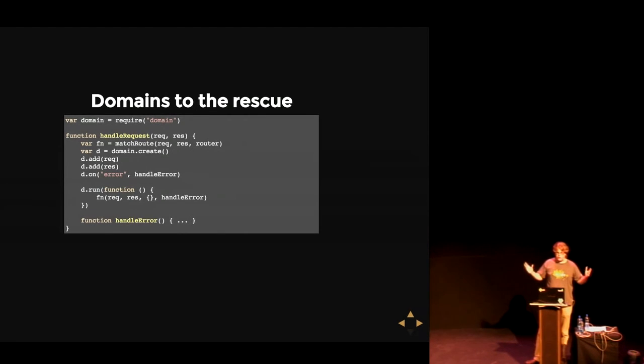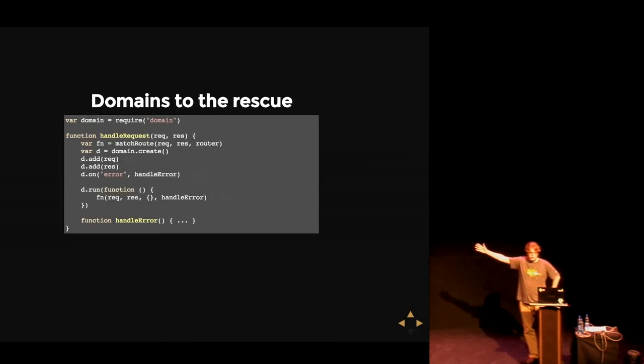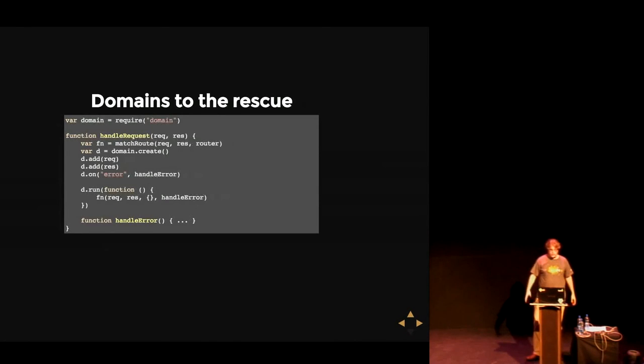Running your route handler within the domain means Node Core will make sure that every single callback you use in your route handler, recursively, is attached to the error listener. So any foreign exceptions will go to the error handler, and you'll actually be able to close that request response with a 500 error.